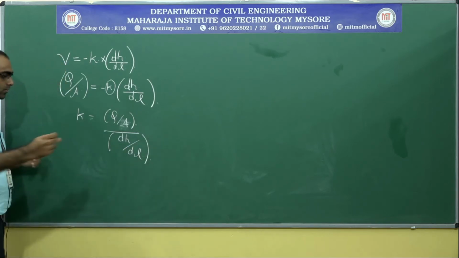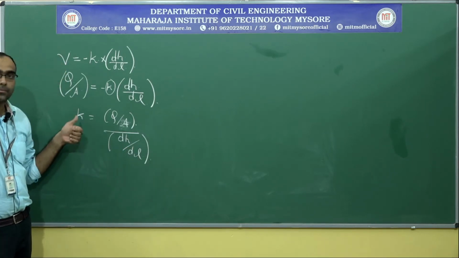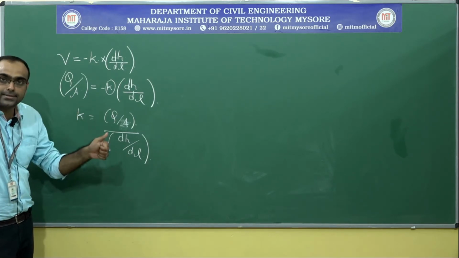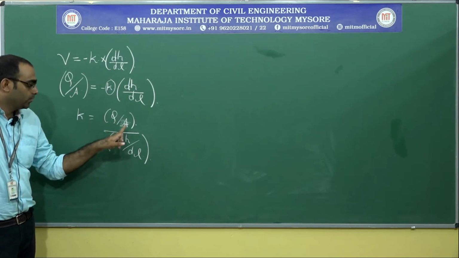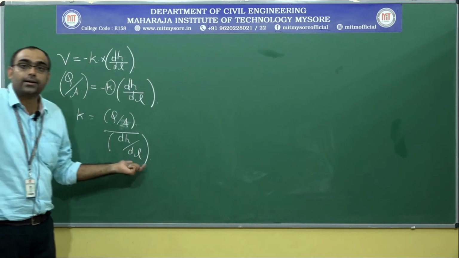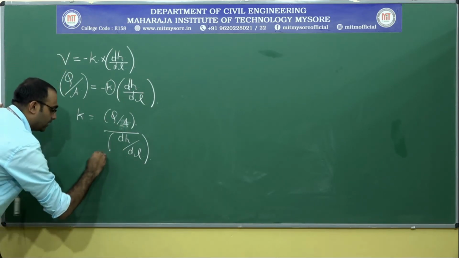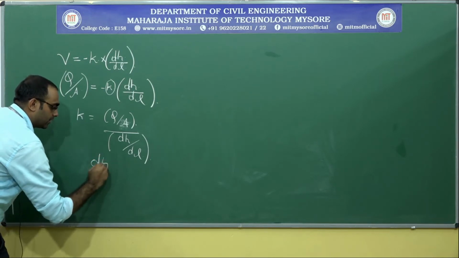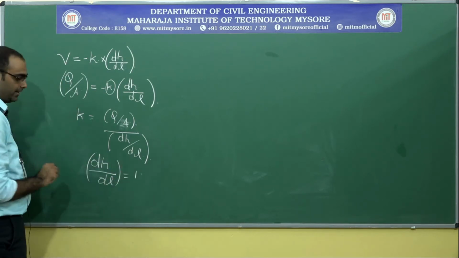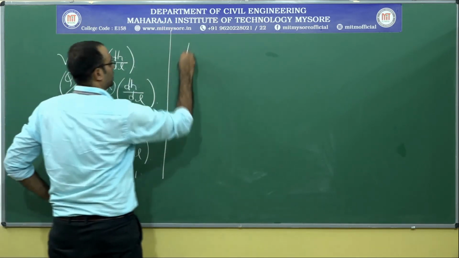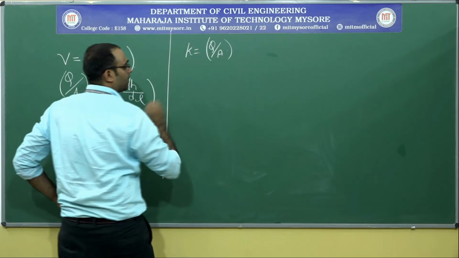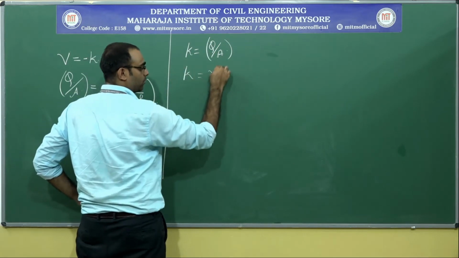You can define the coefficient of permeability or hydraulic conductivity as the rate of flow per unit area of the aquifer under unit hydraulic gradient. That is, the unit hydraulic gradient means dH by dl equals 1. In that case, K will be equal to Q divided by A, or you can write K equals V.